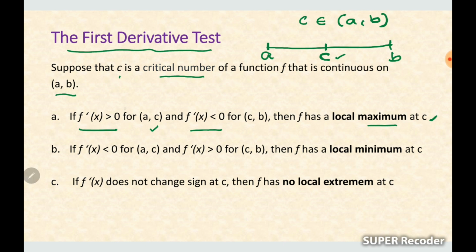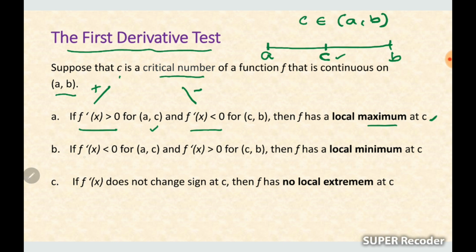It means the gradient changes from positive slope to negative slope. So f has a local maximum at point C.